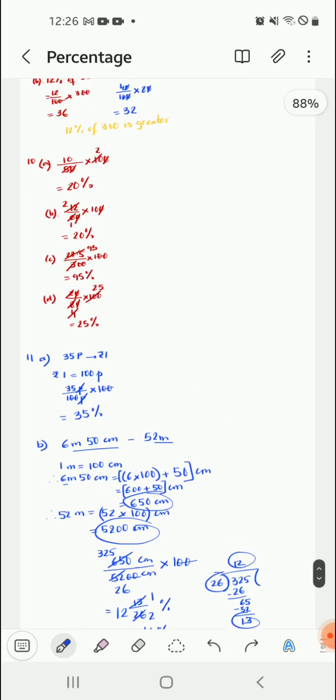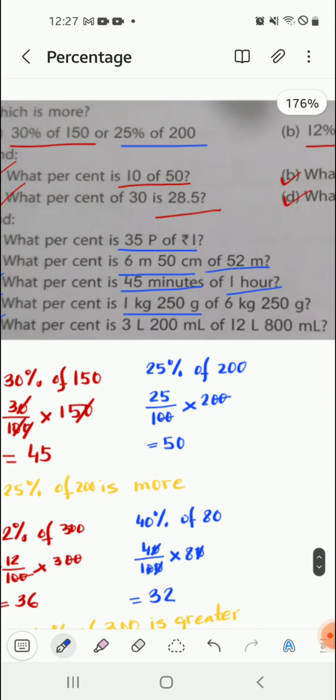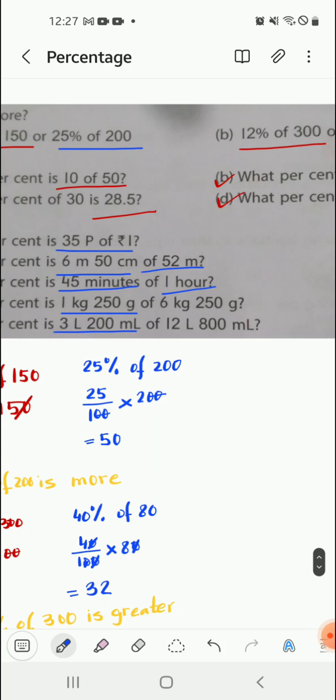Moving on to the next question, E, the last one. What percent is 3 liter 200 ml of 12 liter 800 ml?